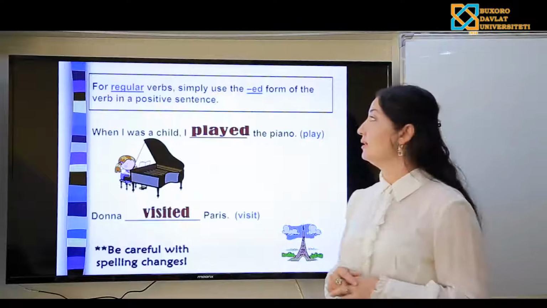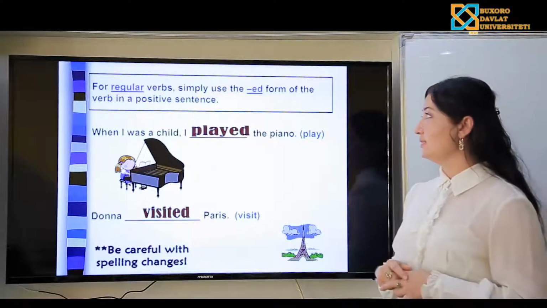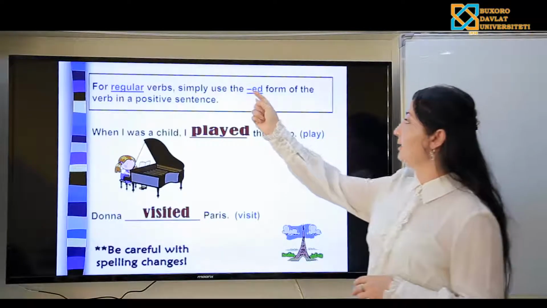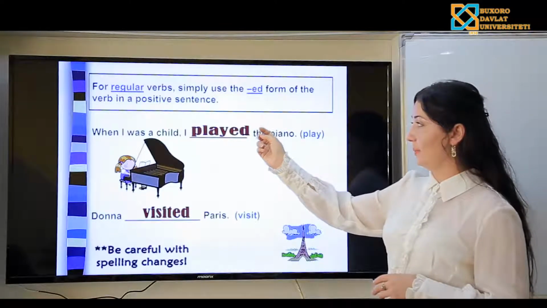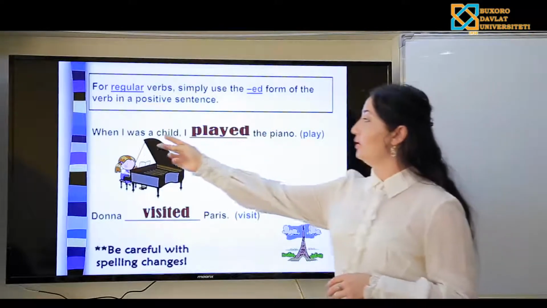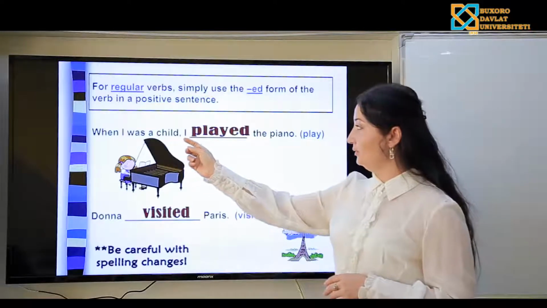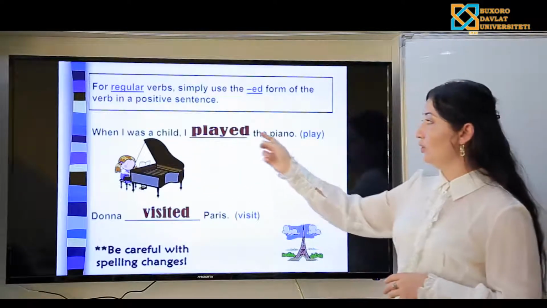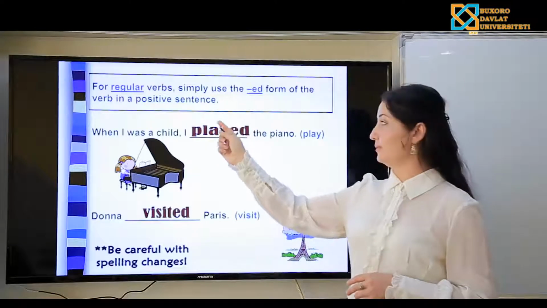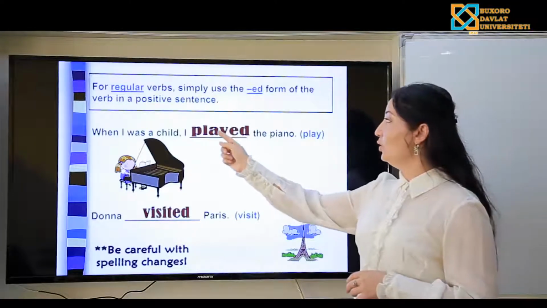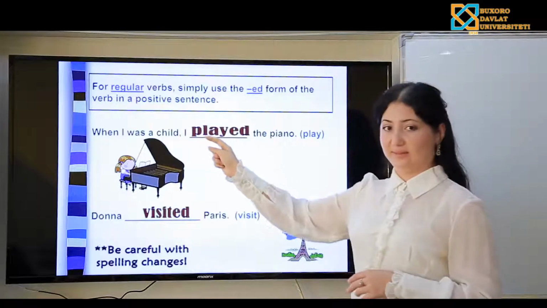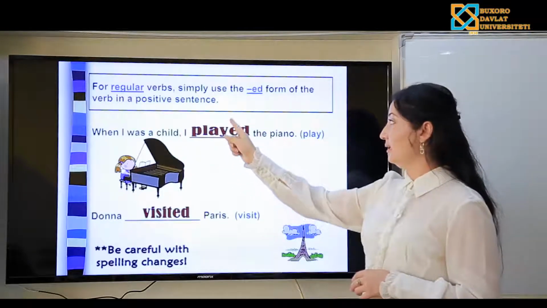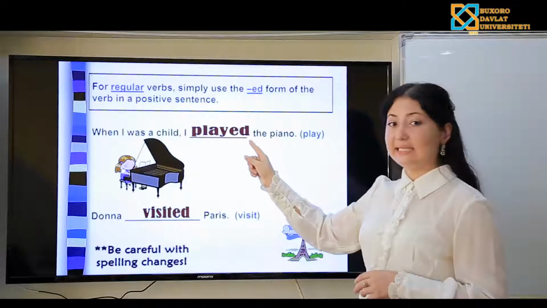Okay, dear students, for regular verbs, simply use the ed form of the verb in a positive sentence. When I was a child, I played the piano. You see this verb, students? In order to make this verb in the past tense, we added the suffix ed.